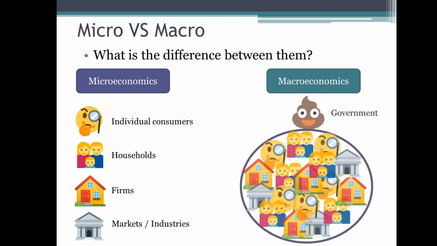So this is the kind of picture that you're looking at when you go to macroeconomics. Inside an economy, that's the circle, there are so many different people: consumers, households, firms, markets. When we are looking at macroeconomics, we are looking at all of them at the same time. And there's also one more thing on the top.